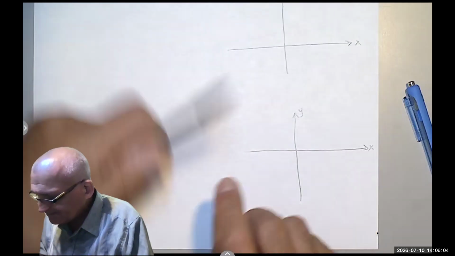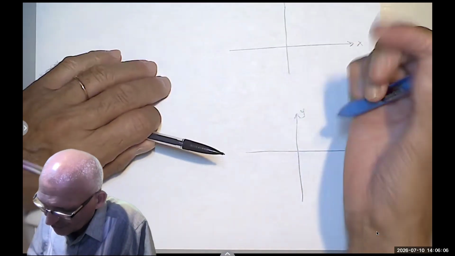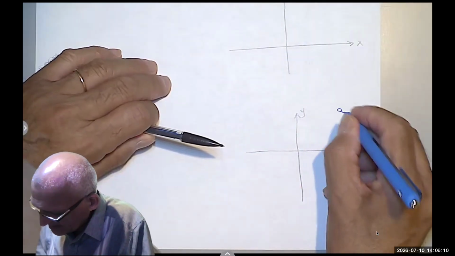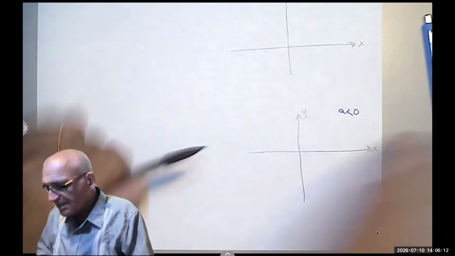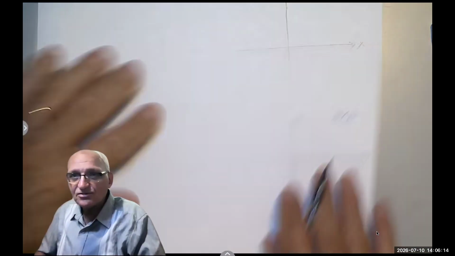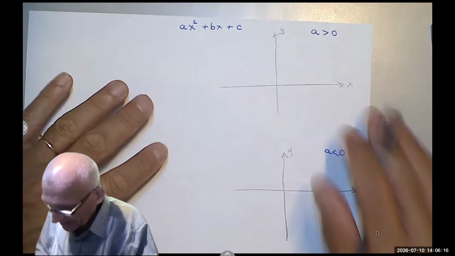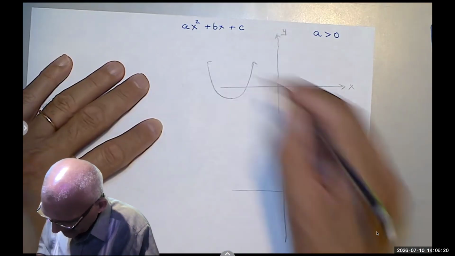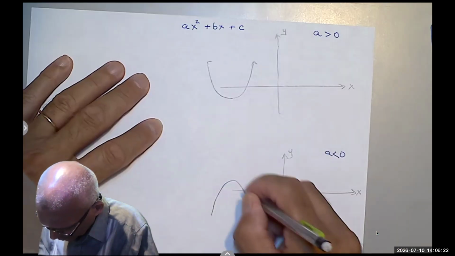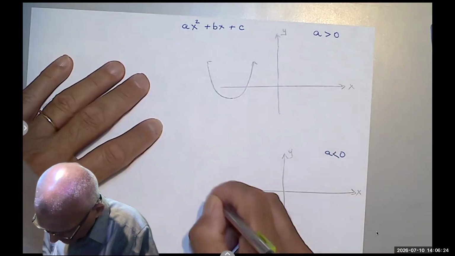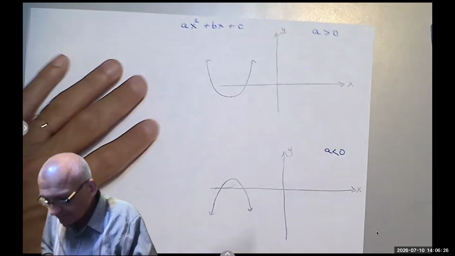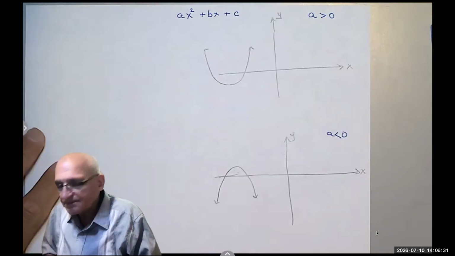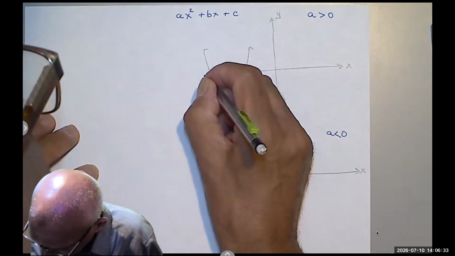One of them is for a greater than 0, and one of them for a less than 0. A greater than 0, the parabola is opening up. A less than 0, the parabola is opening down. Okay? So far so good. But that's not the whole story.